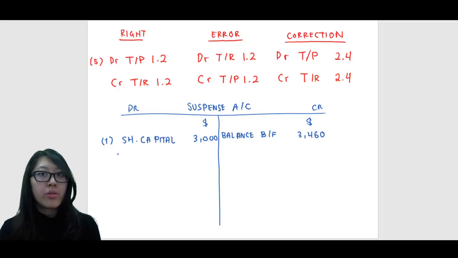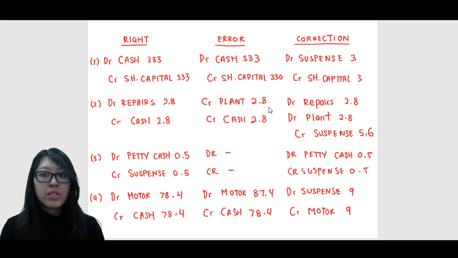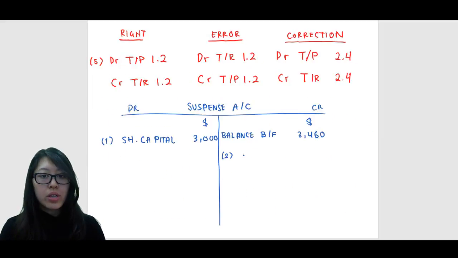I'm putting the number 1 right next to it. Let's take a look at the second error. We needed to credit the suspense account by 5,600 because of the repairs and the plant account adjustment. So let's go back to the suspense account and edit that in. I'm going to credit it because of the plant or repairs, and then I'm going to credit it by $5,600.